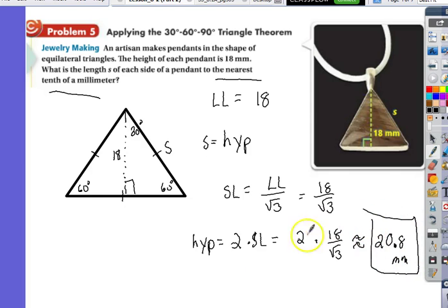So that's my answer. Now, if I'm working this problem, I can use some logic to decide if I've made a mistake or not. It doesn't always catch all of your mistakes, but what do you know about the hypotenuse in relationship to the triangle?